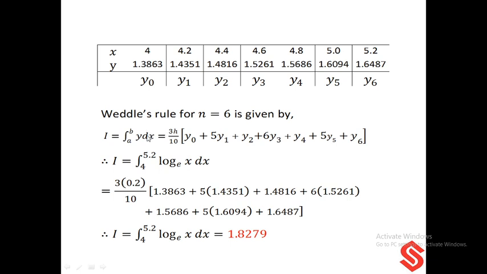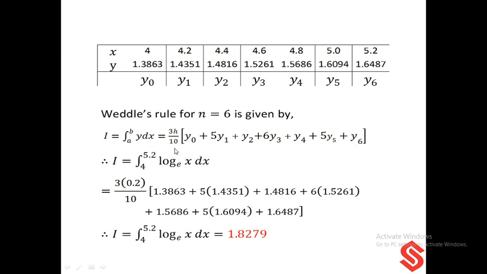So first let's write the formula, that is Weddle's rule. I is equal to integral a to b of y dx is equal to 3h by 10 into (y0 plus 5y1 plus y2 plus 6y3 plus y4 plus 5y5 plus y6).